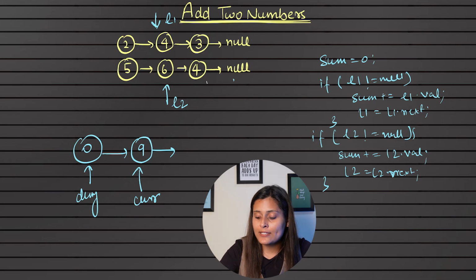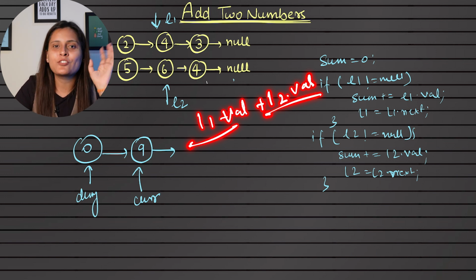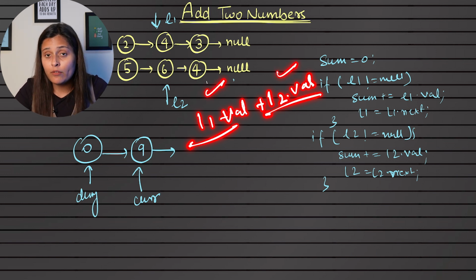So what I did, instead of doing L1 dot value plus L2 dot value together, that would cause writing an extra line of code. Why? Because it is only possible when both exist.